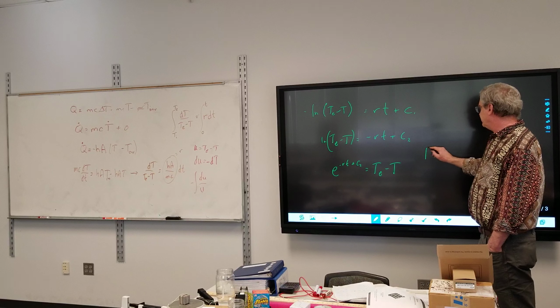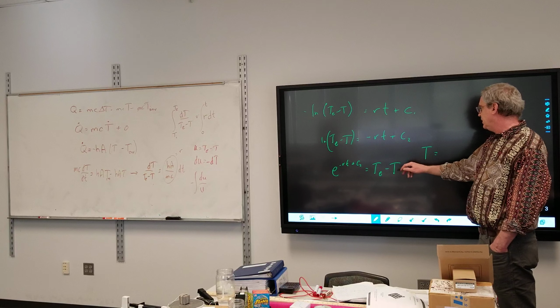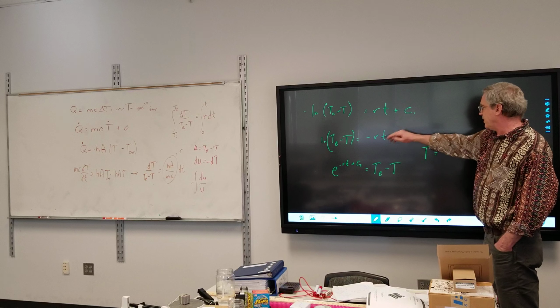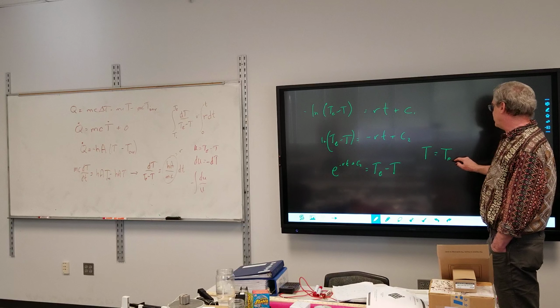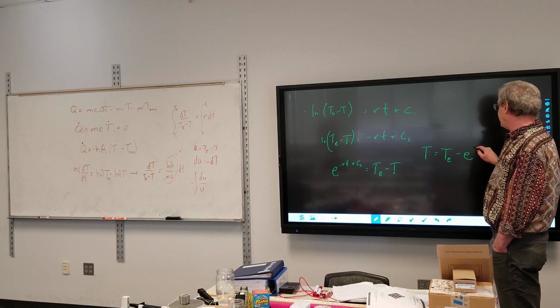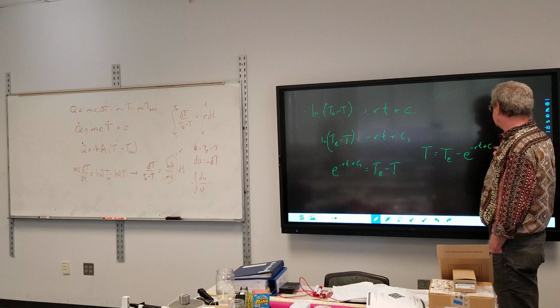And so the temperature at some point in time is going to be, bring that over and flip it. So this is the temperature of the environment minus E to the negative RT plus C2.